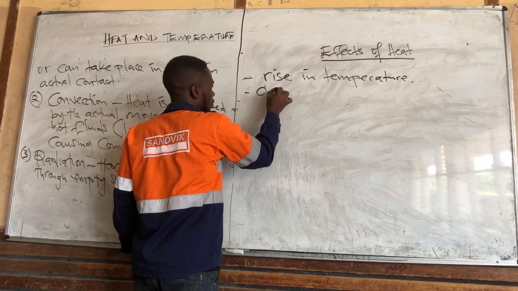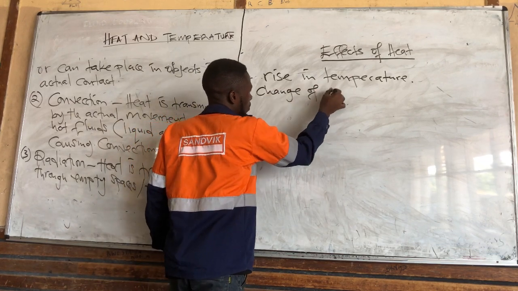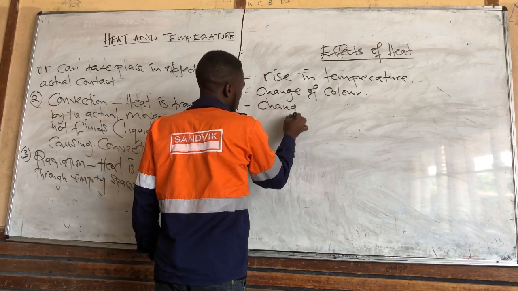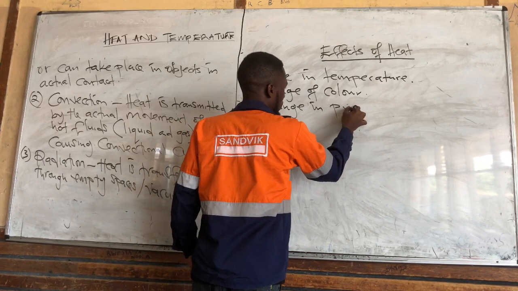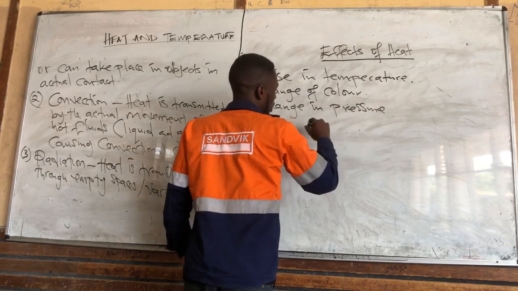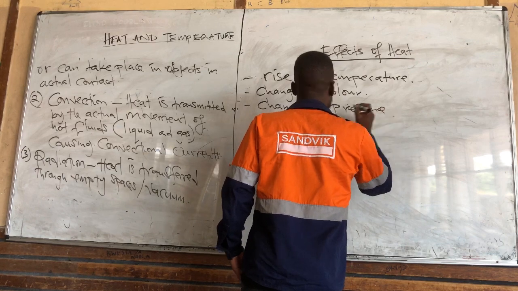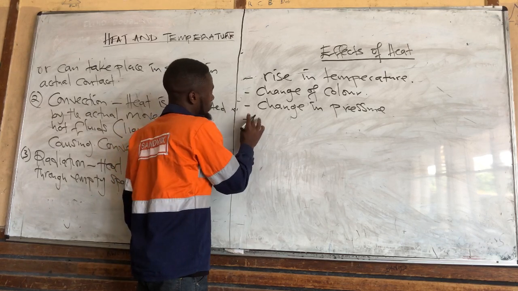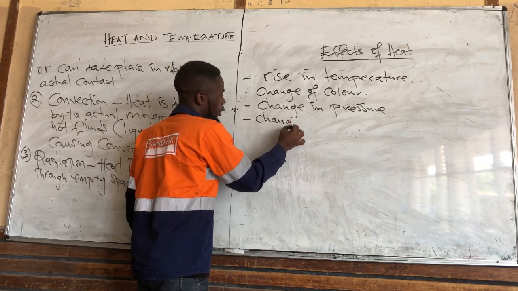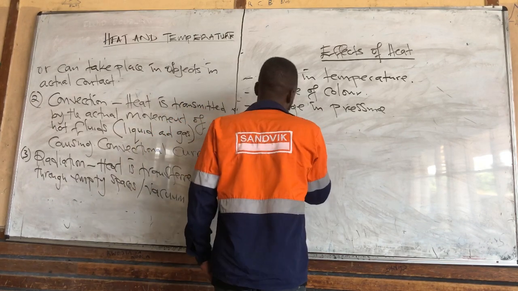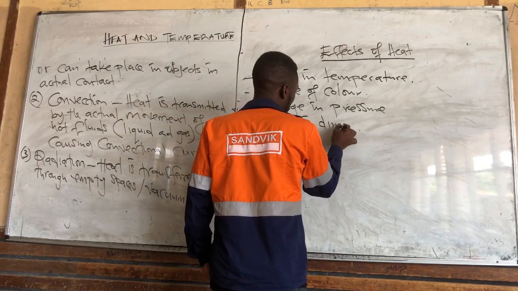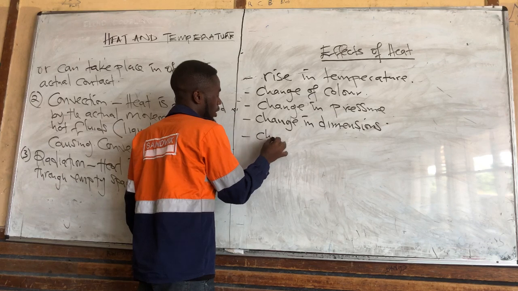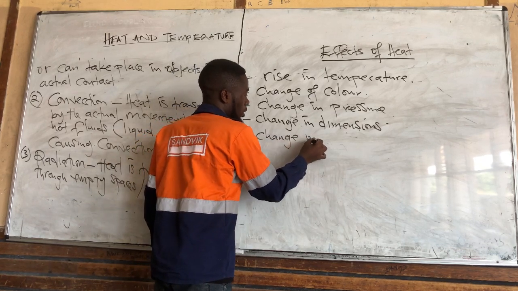Number two, you have change of color. Change in pressure, provided temperature is constant. Change in dimensions: some of them will expand or contract. Change in physical state.